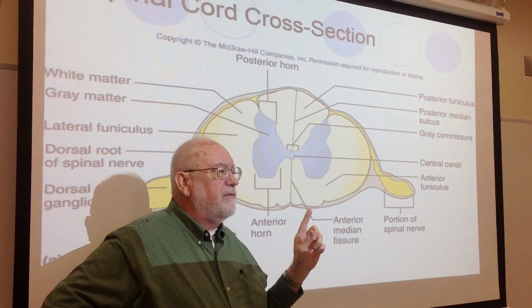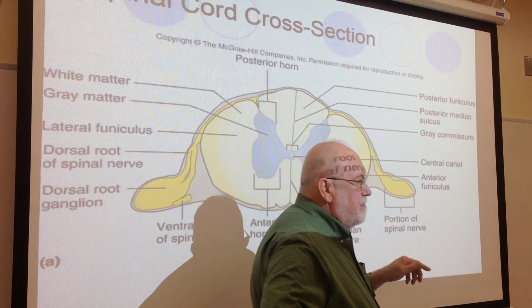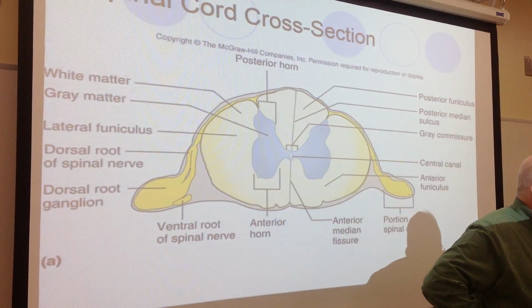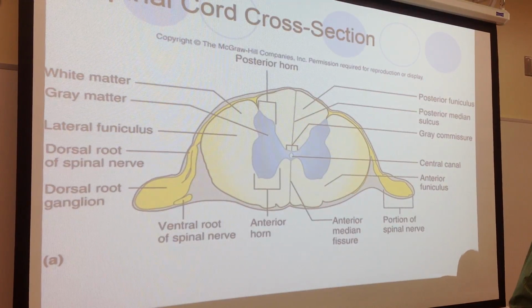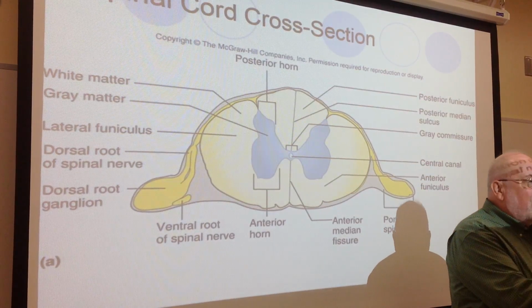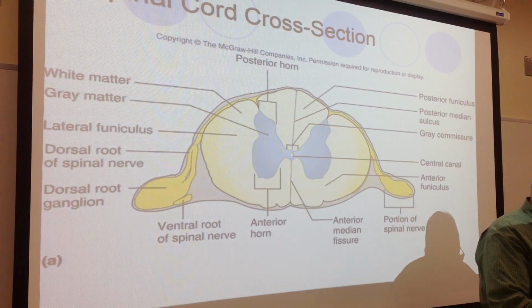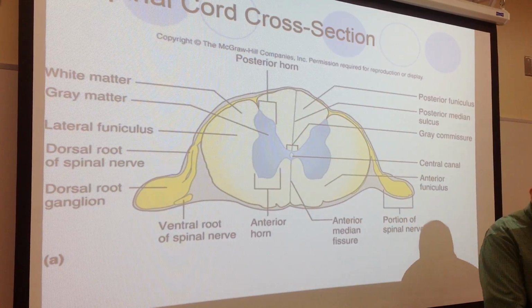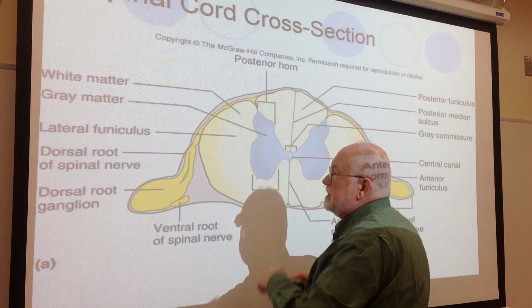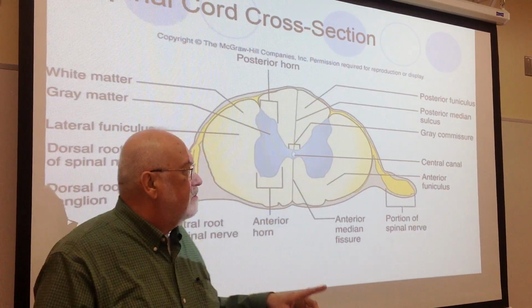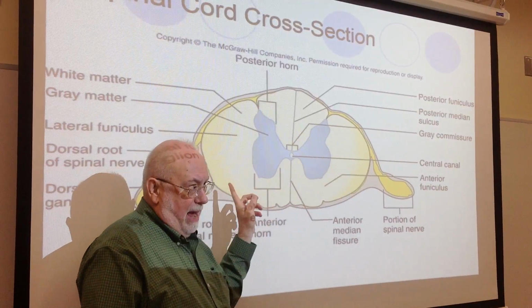It's the opposite of the brain. Because remember, in the case of the brain, gray matter was on the surface, right? And the white matter was beneath it. Well, in the spinal cord, it's just the opposite. The gray matter is in the center, and it's surrounded by the white matter.